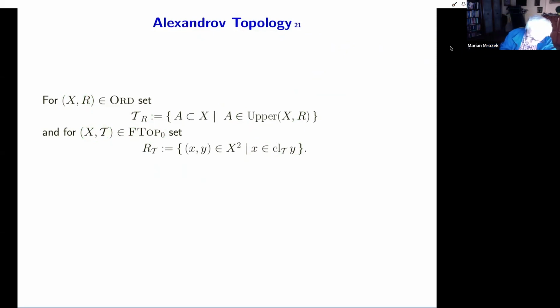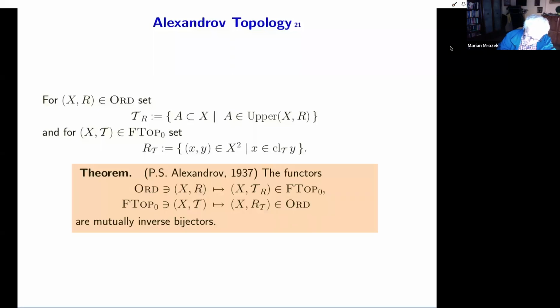And actually this relation then produces a poset. And Alexandrov proved in 1937 that there are functors. He used a different language, but with present-day language of category theory, there is a functor from the category of ordered spaces to the category of finite topological T0 spaces and vice versa, and these are mutually inverse functors.